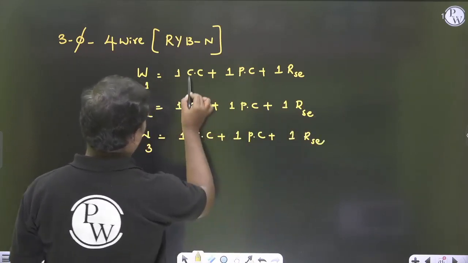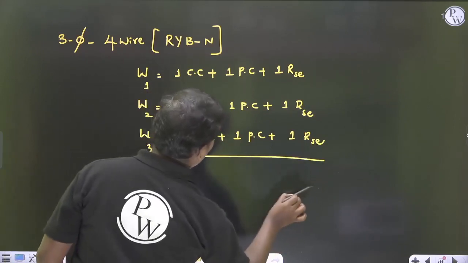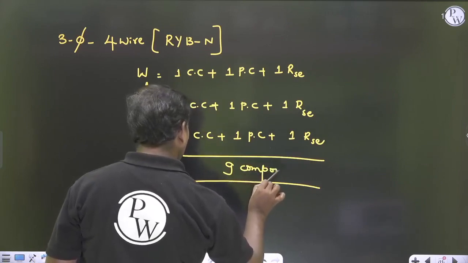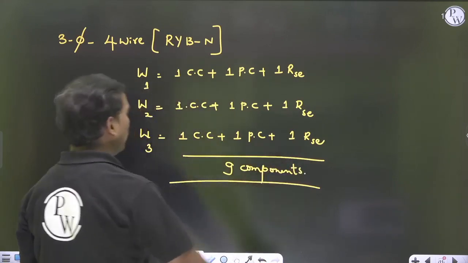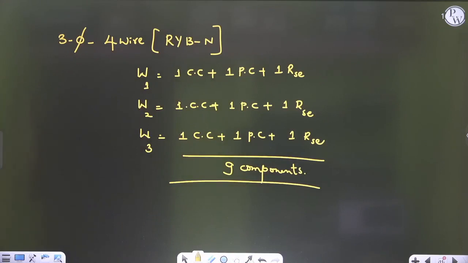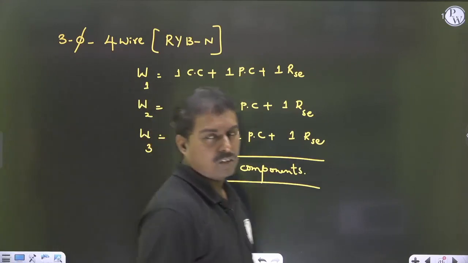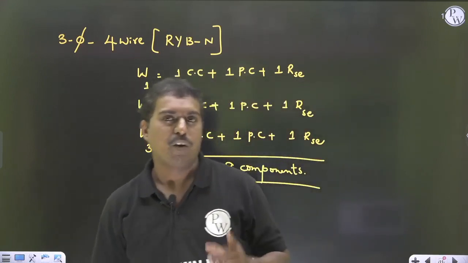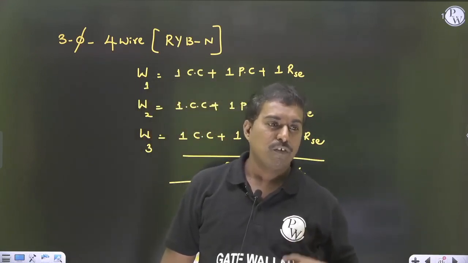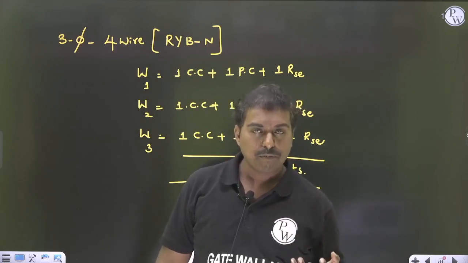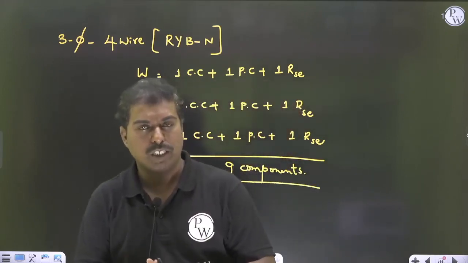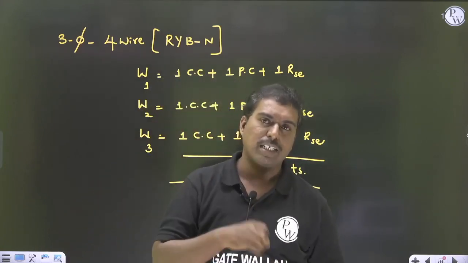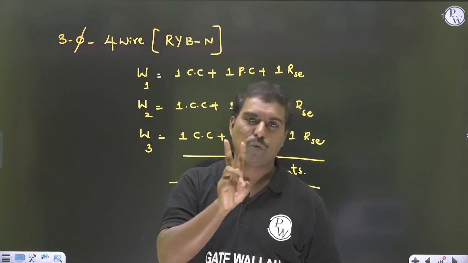So total number of components is 3 plus 3 plus 3, 9 components. 9 components are used in the wiring, and definitely the number of wires is also high. According to Blondel's theorem, where you are using 3 wattmeters, you can go with fewer wirings and reduce it to 2 wattmeters.